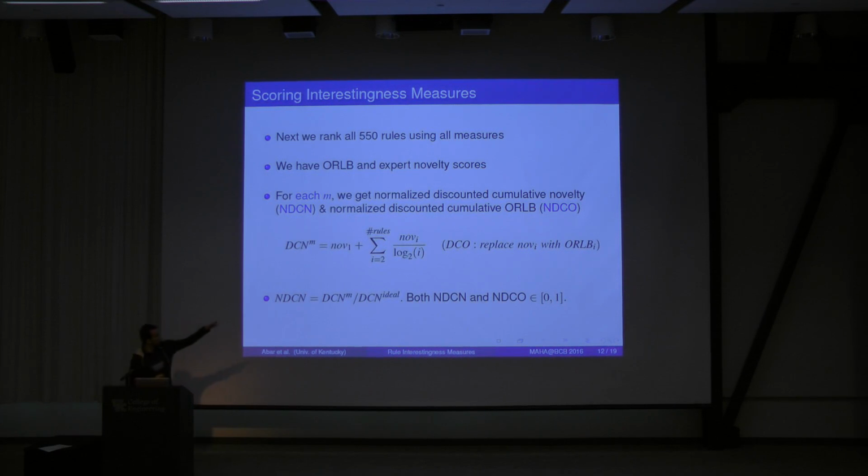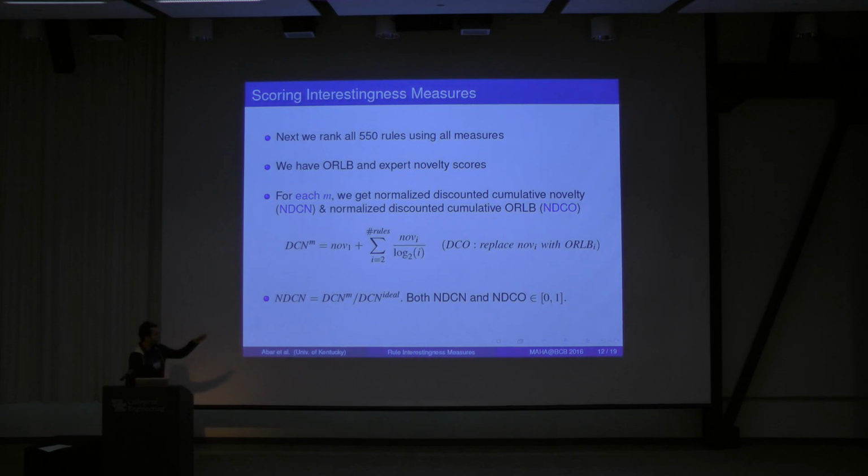Normalized discounted cumulative novelty is calculated like this. We are taking the first novelty, the top one. We are calculating this measure for each measure we have scored. And then for all others, we are using a penalty of the rank.